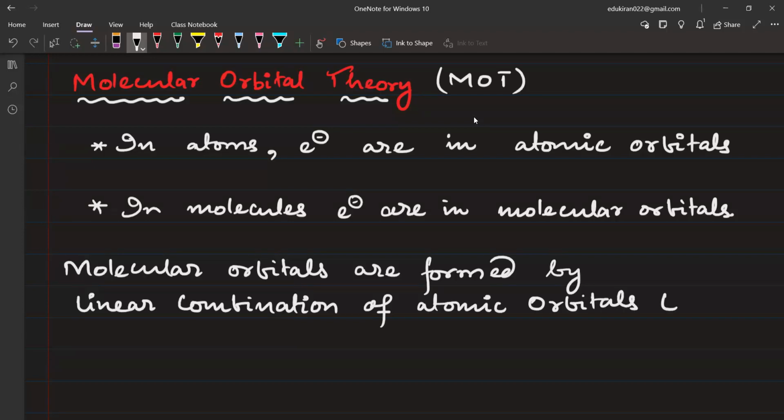They call it LCAO, linear combination of atomic orbitals.